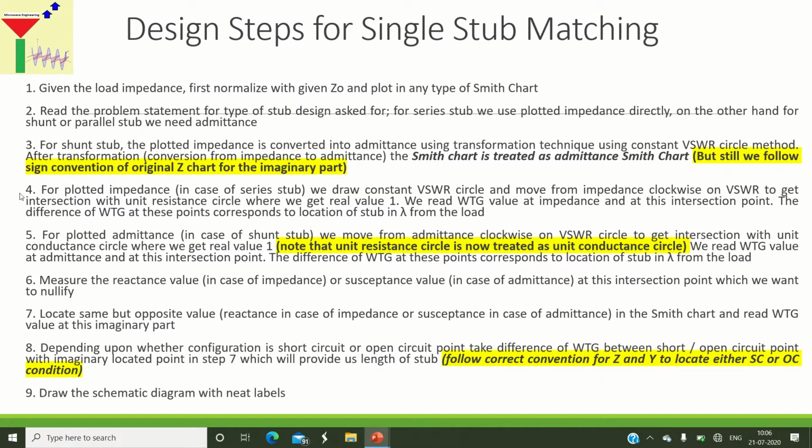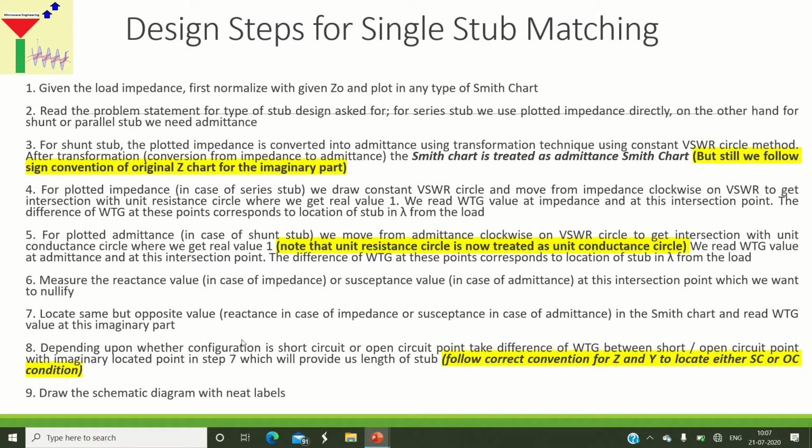So in step 7, we will locate the reactance in the case of impedance, or the susceptance in the case of admittance, of opposite value on the Smith chart. And at that particular point, again we will read out the wavelength toward generator, the WTG scale.